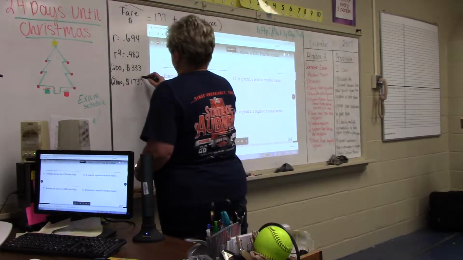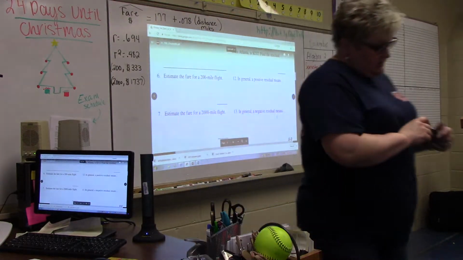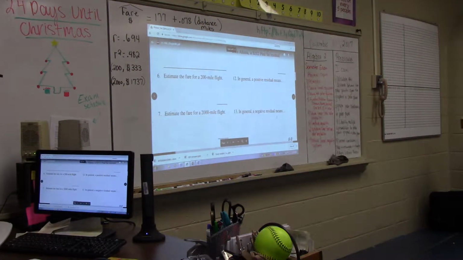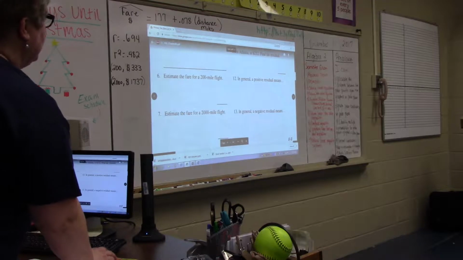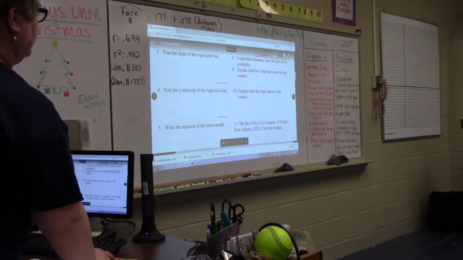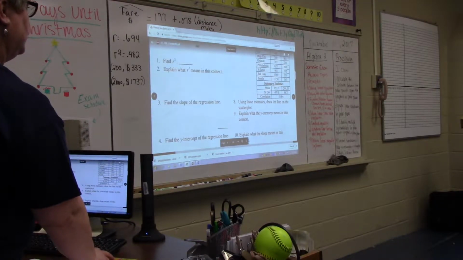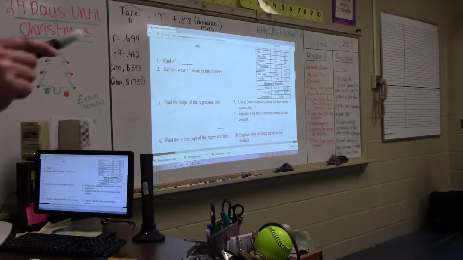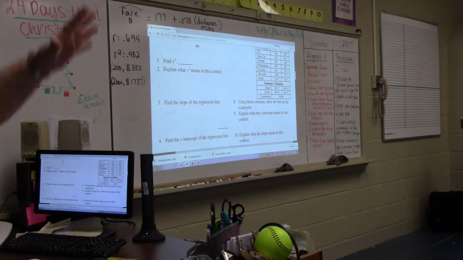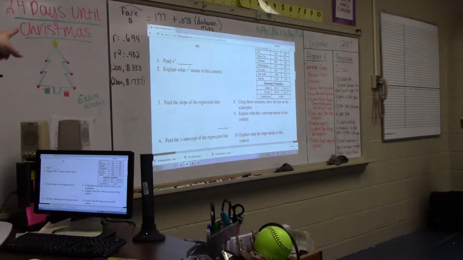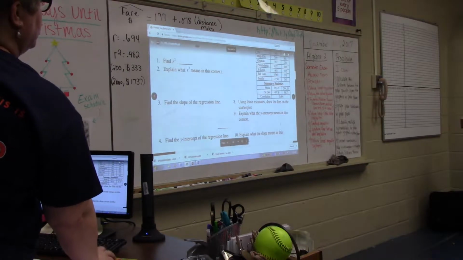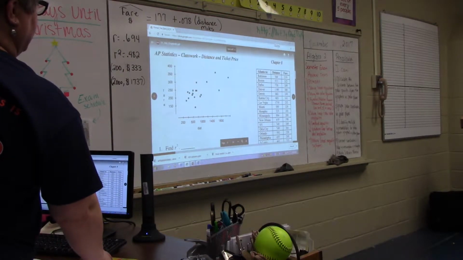All right. Now, on question number 8, and I would have printed this off for you if I knew I was going to teach this, but I didn't know I was going to do this today. On number 8 here, it says, using the estimates that you just did, the 200 to 333, the 2,000 to 1,737, draw the line of best fit.